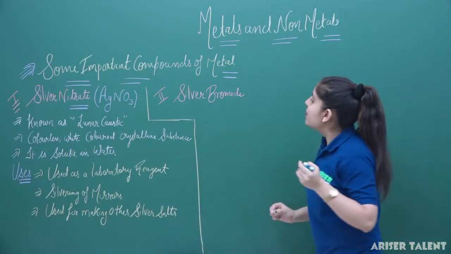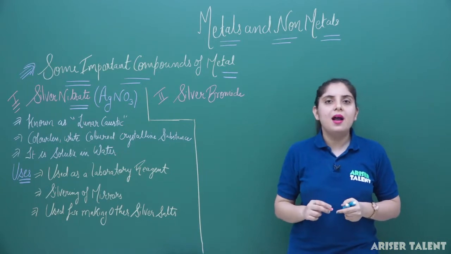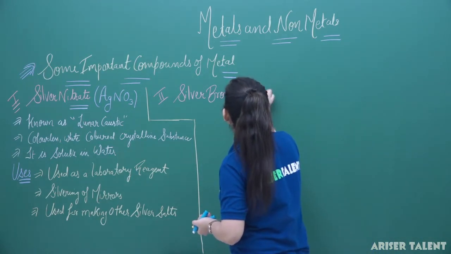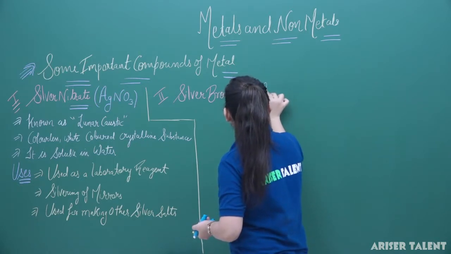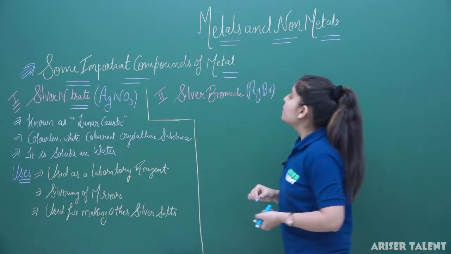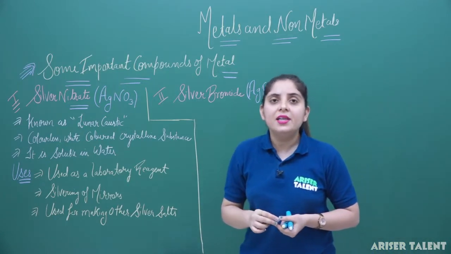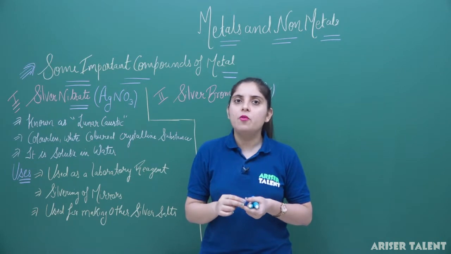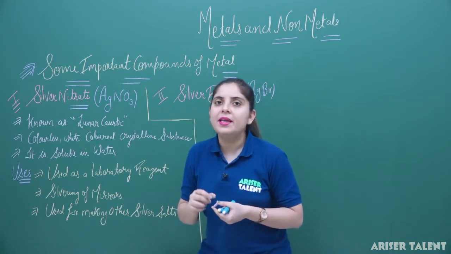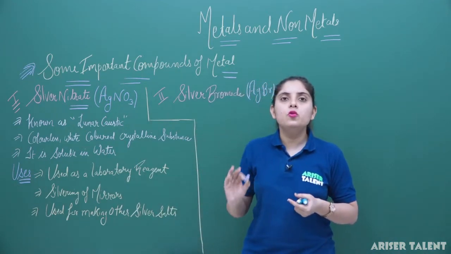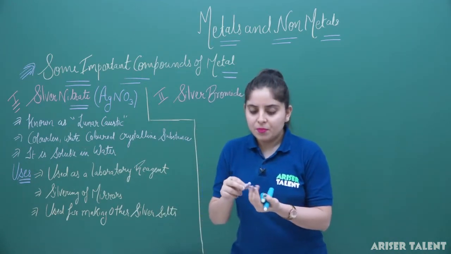The symbol for silver is Ag and for bromide it is Br, so the chemical formula for this compound is AgBr. This silver bromide is pale yellow in color, a crystalline solid, and generally insoluble in water. It has an application in photography.